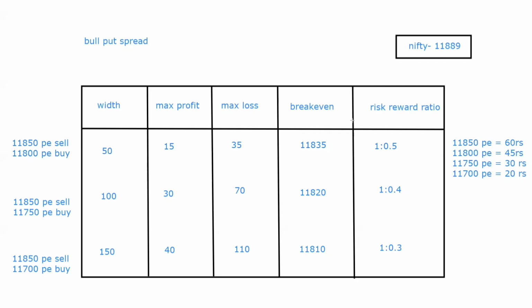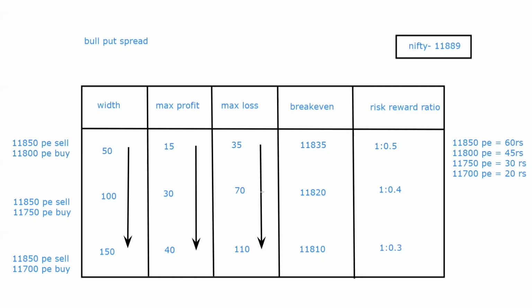Now what we have to do, we have to compare them, right? So again the same thing. If you increase the width of the spread, your maximum profit increases. That is, you are giving the market an opportunity to give you higher profits, but for a condition.